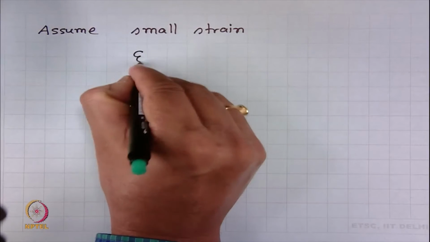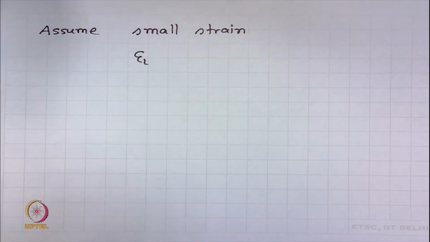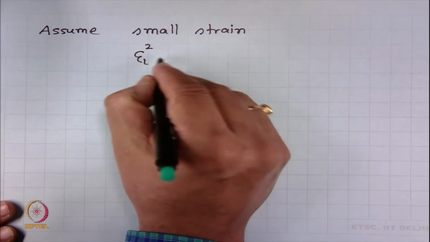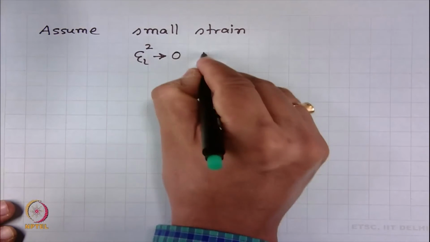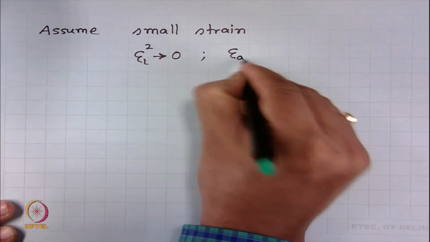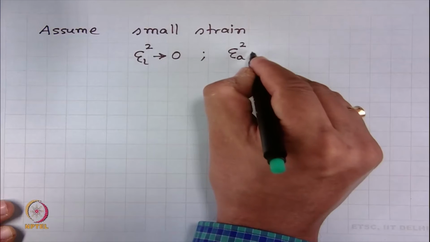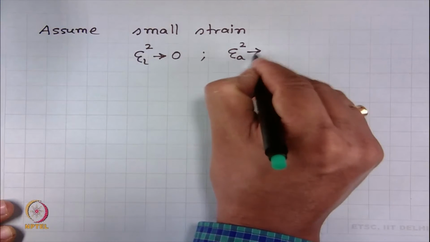When fiber strain is small, the square of a small quantity will be further small, tends to 0. Similarly, when axial strain is small, the square of a small quantity will be further small, this tends to 0.